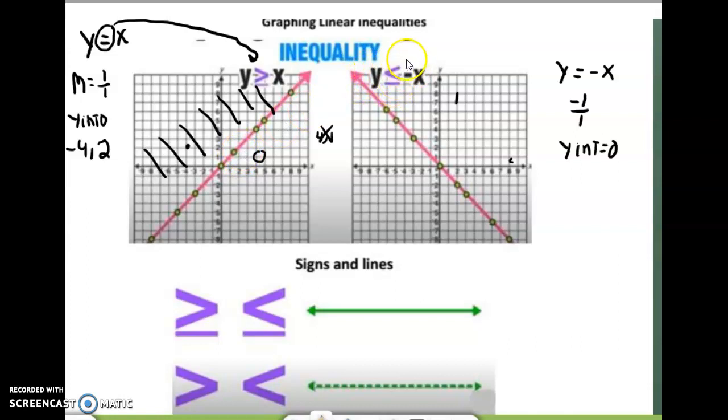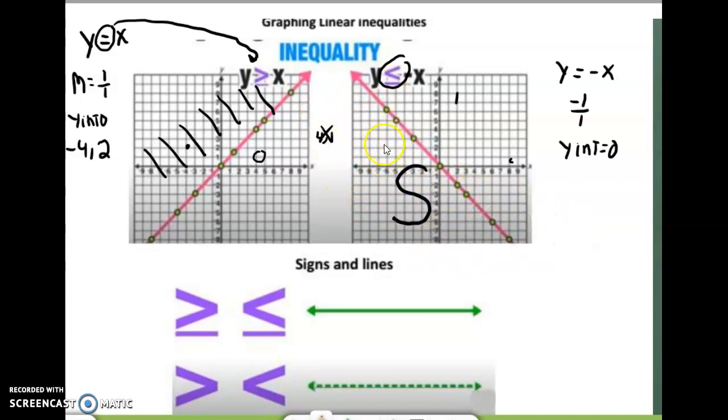Okay, less than or equal to. Well, that means it's going to get a solid line. And since y is less than, that means all the answers are going to lie... I'll just put a big S in here. So everything below the line and including the line will work for this problem.